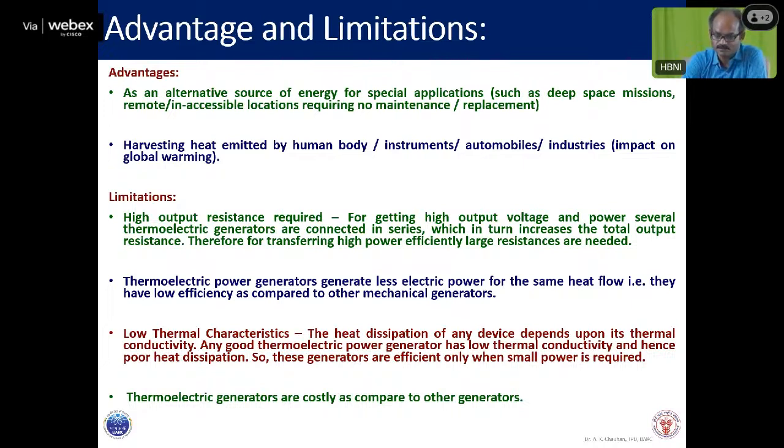Materials are robust materials. Harvesting heat emitted by human body, instruments, automobile industries. So, your body temperature is also nearly 33 degrees centigrade.